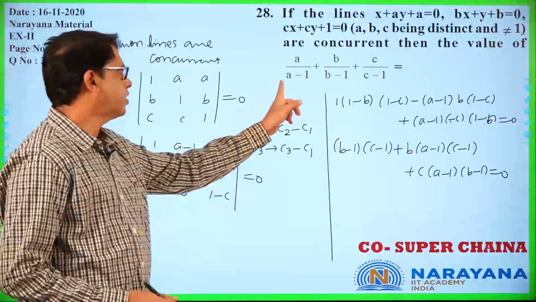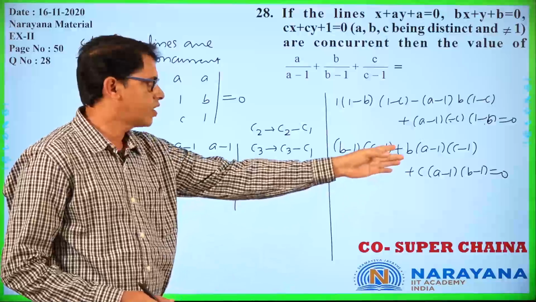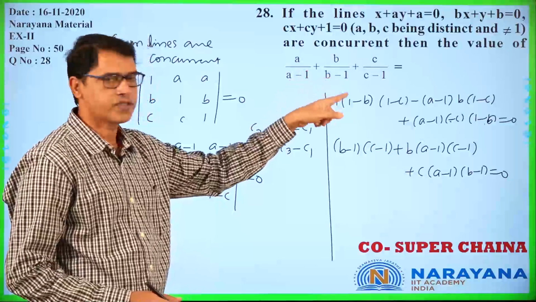Now, look at the condition. This is the required one. So, to get this one, what I am doing? Dividing throughout the equation by (a minus 1)(b minus 1)(c minus 1).